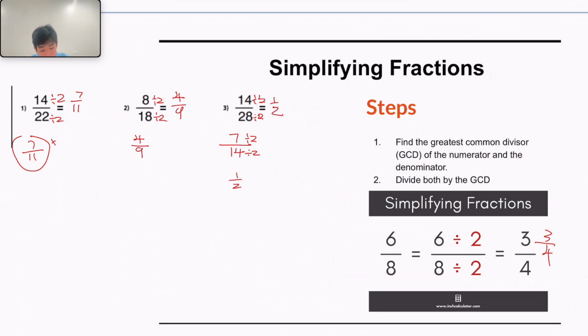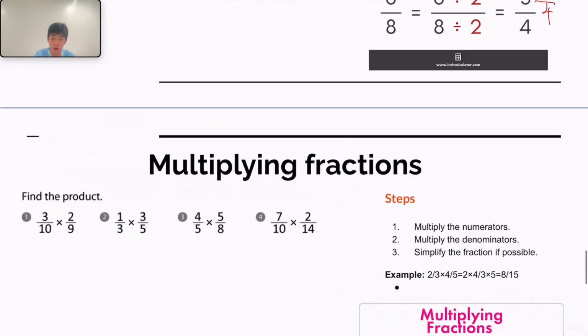If you're smart enough, you'll find first that you can divide 14 by 14 and 28 by 14, which is 2. So this will just result in 1 over 2. But if you cannot see the greatest common divisor, you can just simplify in multiple steps. That will also be okay.